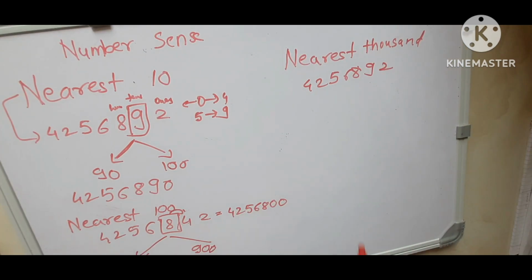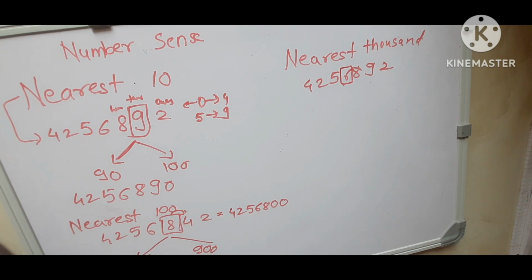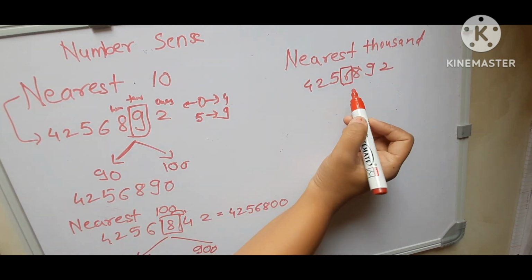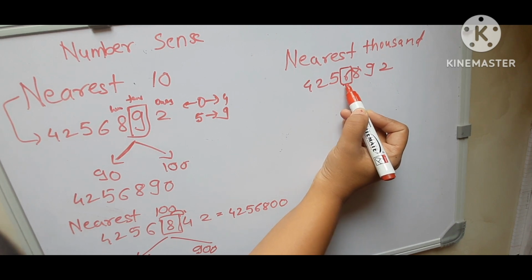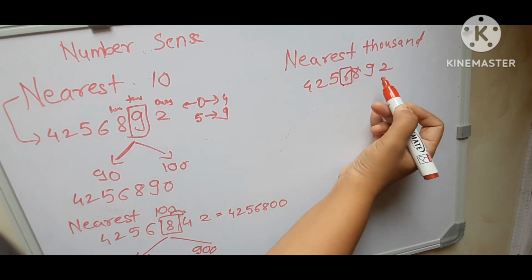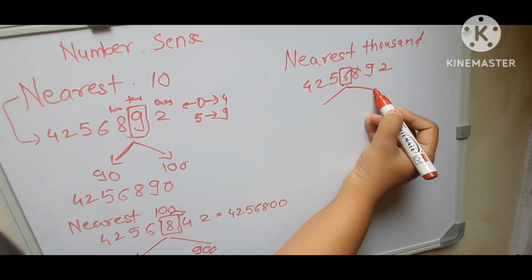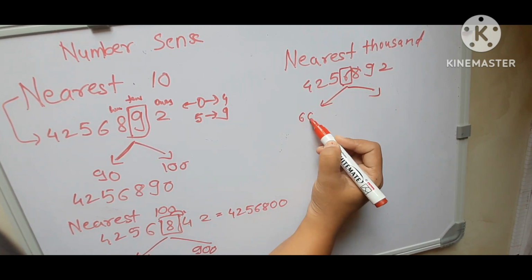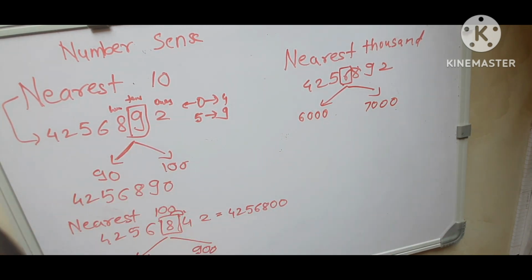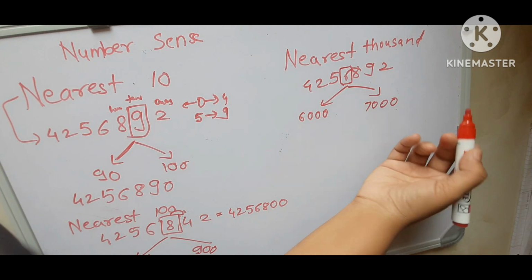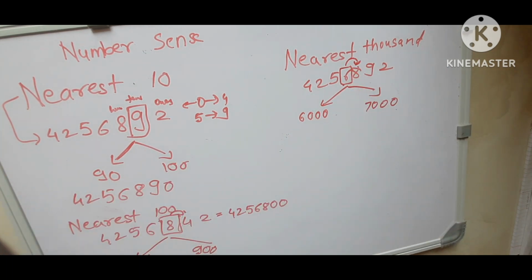So we'll check the 1000 number here, that is 6892. The place value of the 1000 number is 6000 here. So what could be the nearest 1000 here? Again, it could be 6000 or it could be 7000. We'll go with the same process. We'll check the next number on which we need to do the conversion. So it is 800 here.